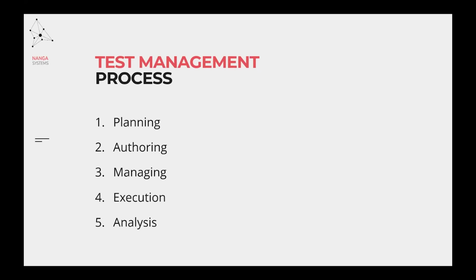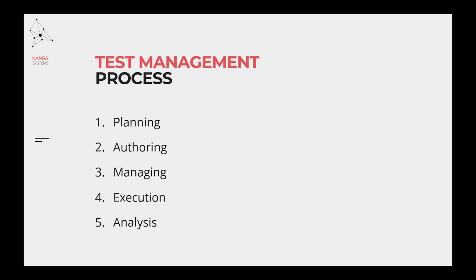The third step is managing, which involves organizing test assets into suites. This helps in maintaining a structured and organized approach to testing. The fourth step is execution, which involves monitoring and controlling testing activities, managing issues, reporting progress, and conducting regression testing.